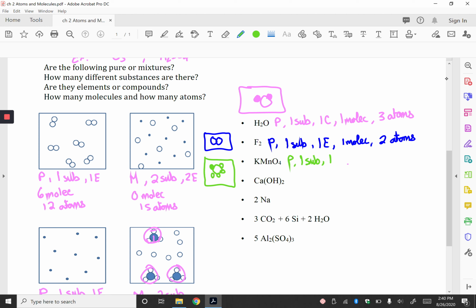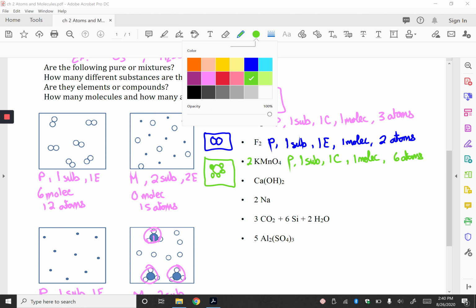That substance is a compound, and I only have one molecule of that compound. What if I had two molecules? What would that look like? You'd see like a 2 there. And then you draw another one of those things here. And how many atoms are there? Well, there's 1 K, 1 Mn, and then 4 oxygens, so that's a total of 6 atoms.